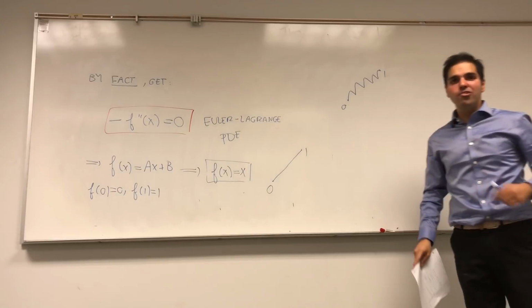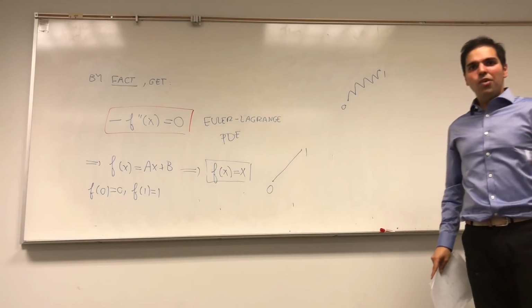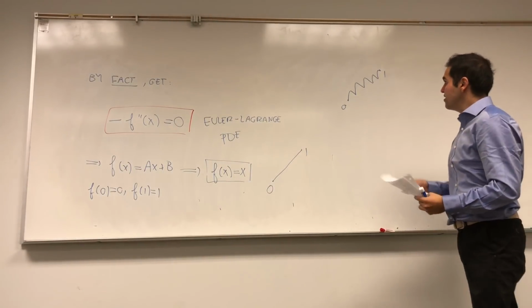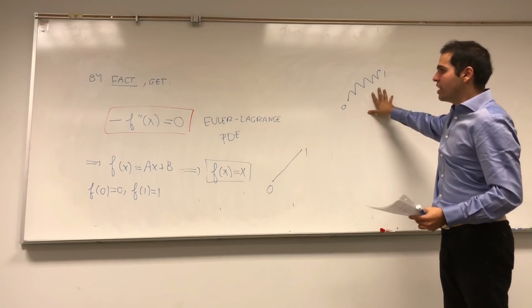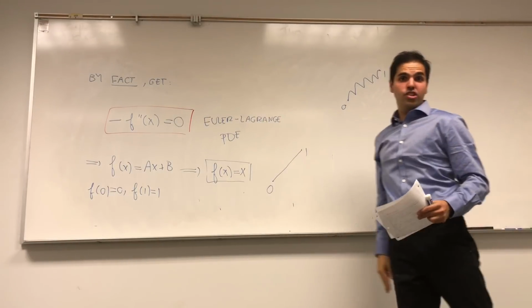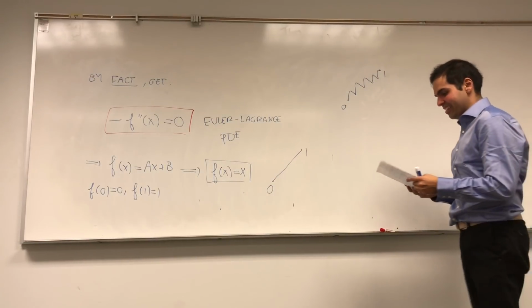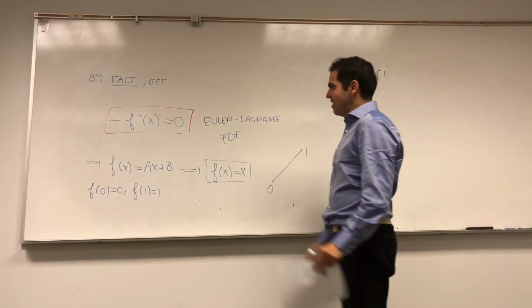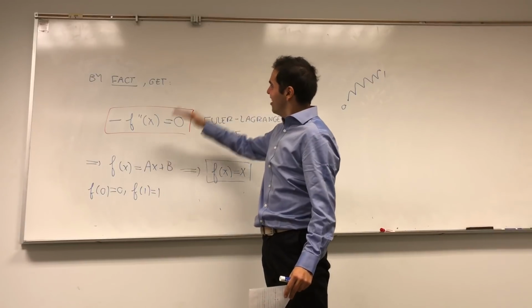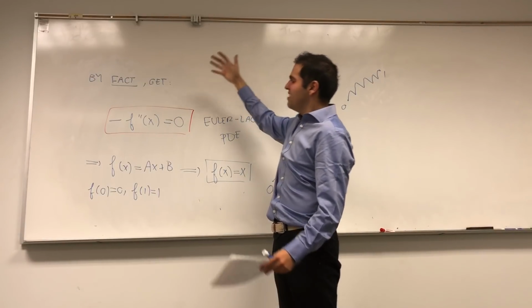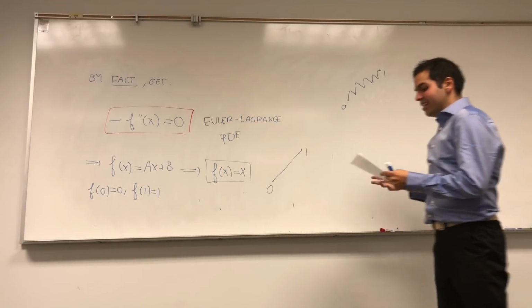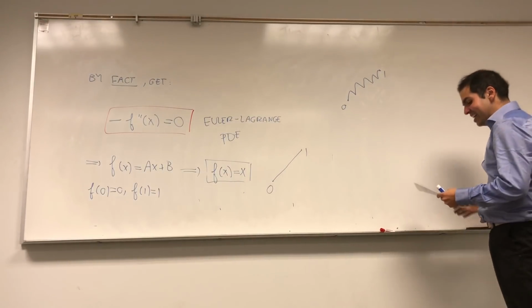It's another minimizer of the energy, which is super exciting, because in this sense you can find non-differentiable solutions to this. So you have more generalized solutions. And again, the exciting thing was we took this minimization problem and turned it into a differential equation.